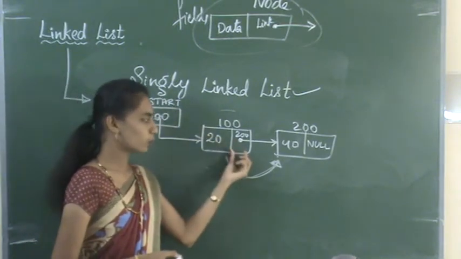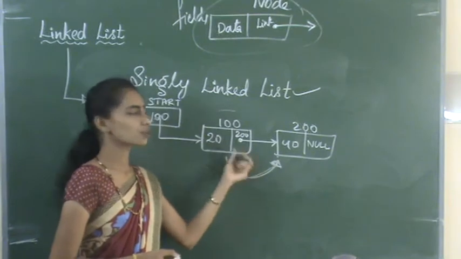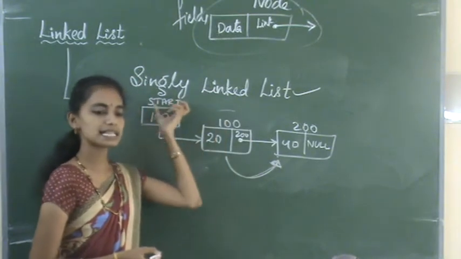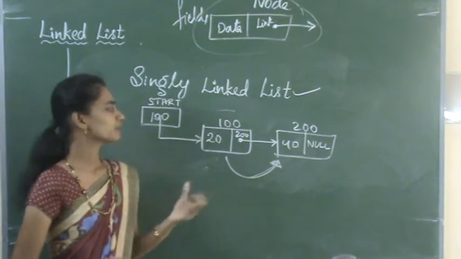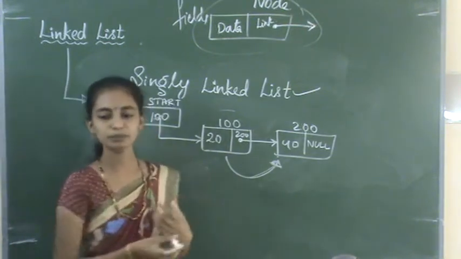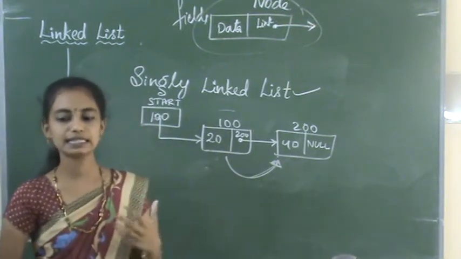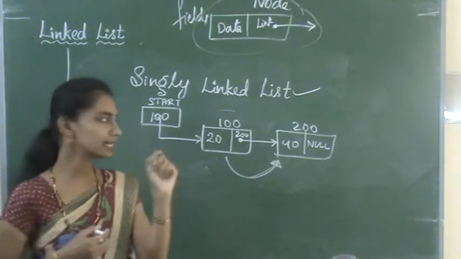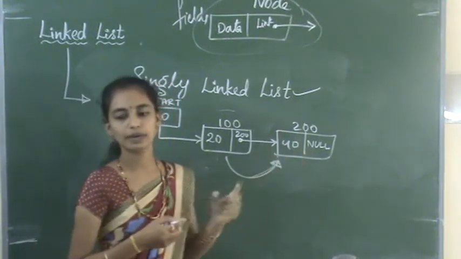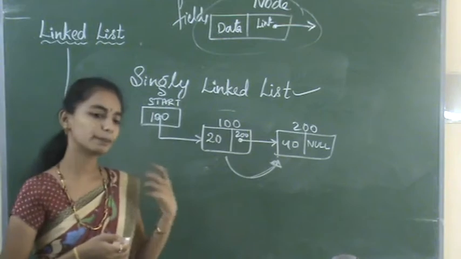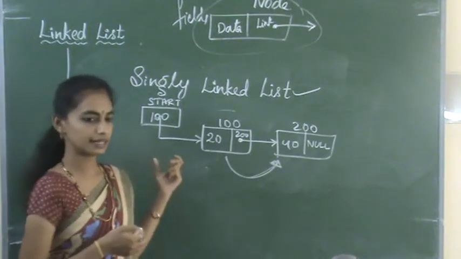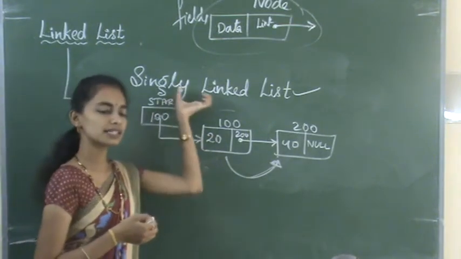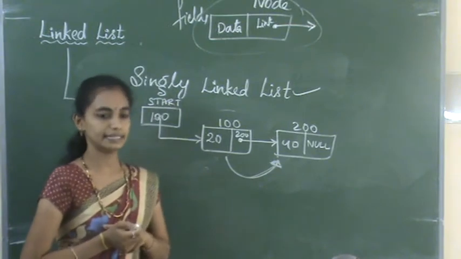It contains only one link field, so we call it a singly linked list, and we can access only the next node, but we cannot access the previous node. That is a disadvantage of singly linked list.